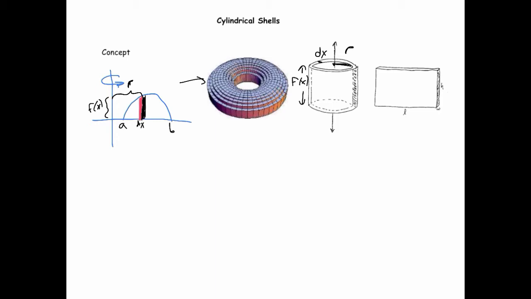So if you snip along the height of that and unravel, in order to get an expression for the volume, you get this really thin rectangular prism here. And we can see that the height is just, of course, f of x still.